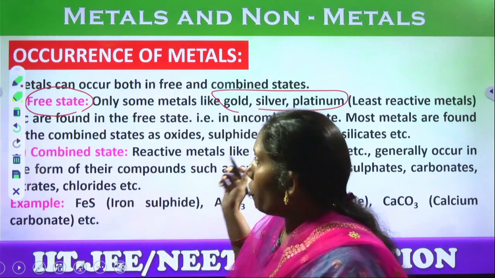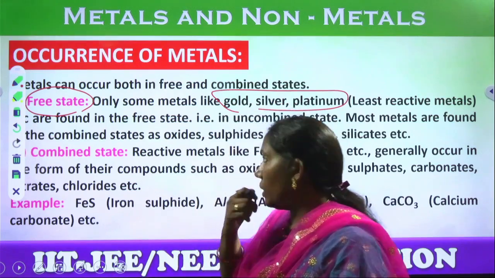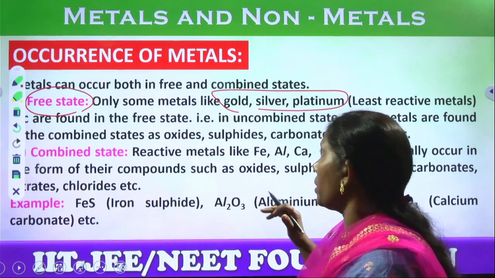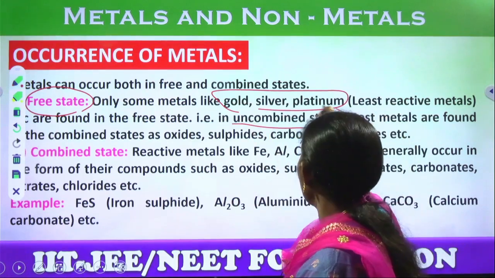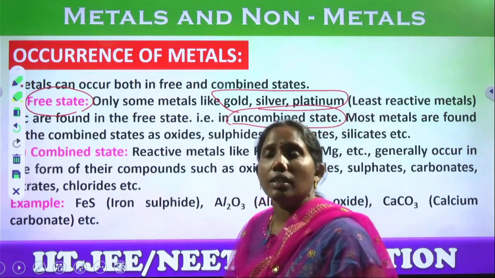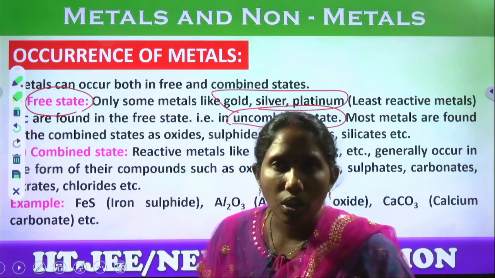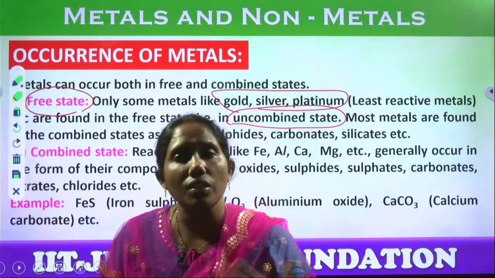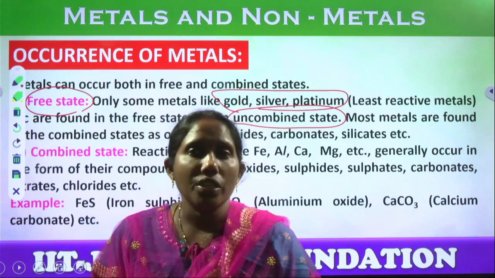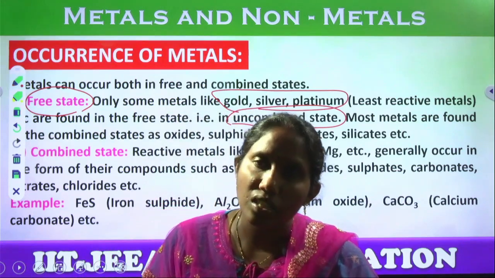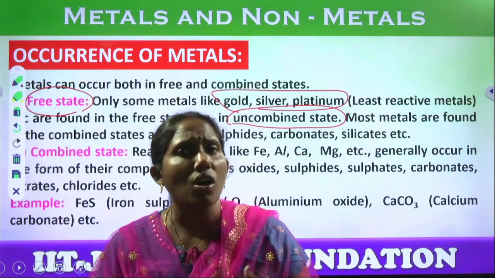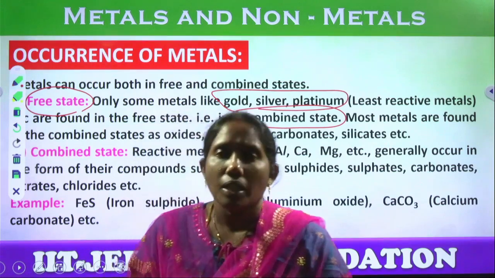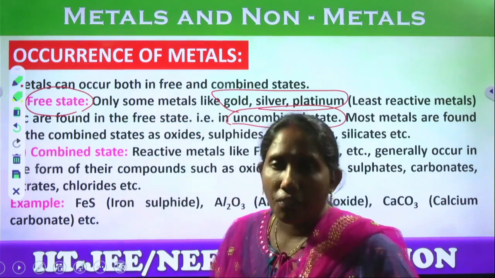So these types of elements are found in the free state. Most other metals form combined states: they react with the oxygen present in the atmosphere and form the respective oxides, hydroxides and so on. But these three exist in the free state.